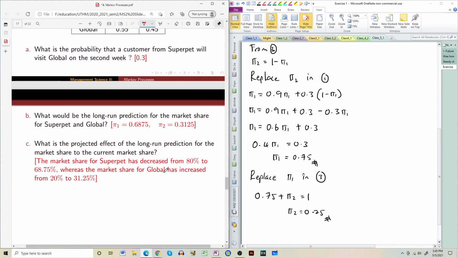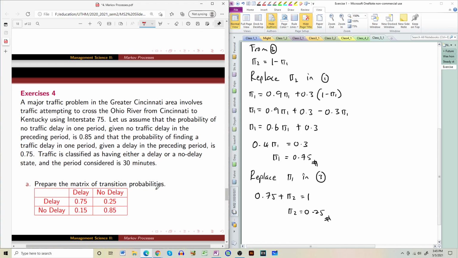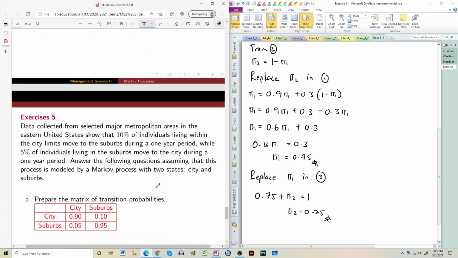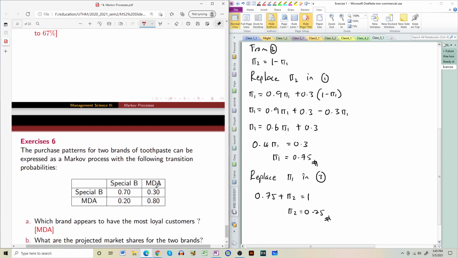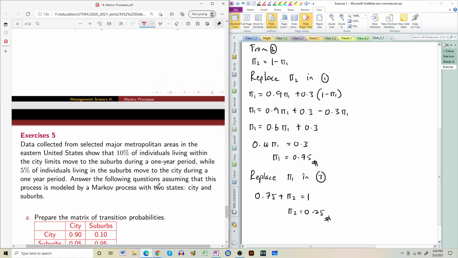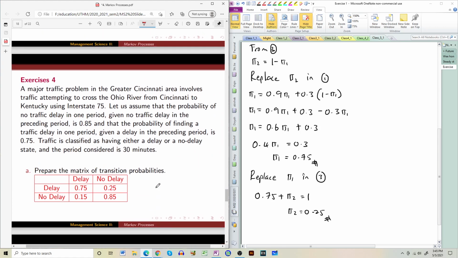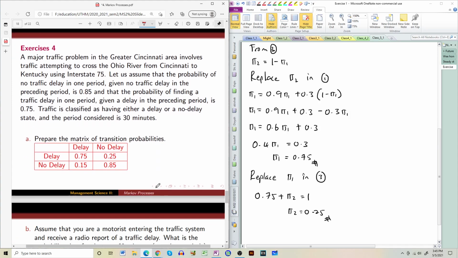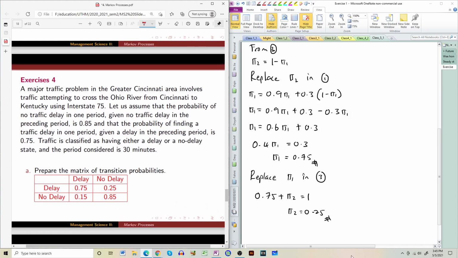Exercise 3 also you can try. Go for exercise 4. Try exercise 4, I will show you, and then we can finish the class. Try to do exercise 4.